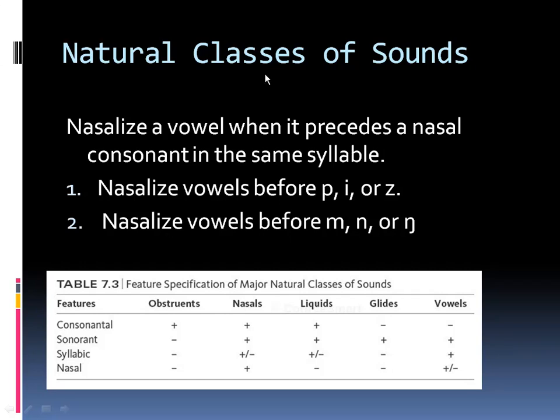That's why I can say a lot of the phonological rules apply to natural classes of sounds and they don't just happen randomly. And it makes perfect sense because nasalization is easier right before nasalization, right? It's a type of assimilation rule. So once again, the features are further grouped into natural classes.